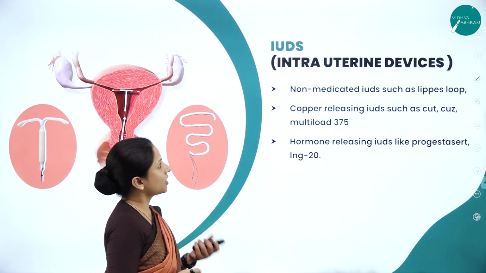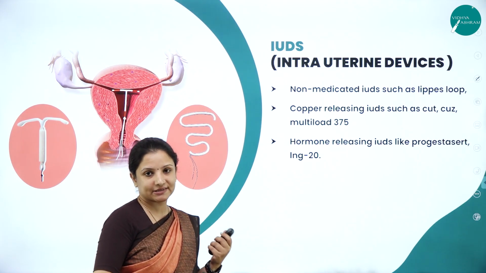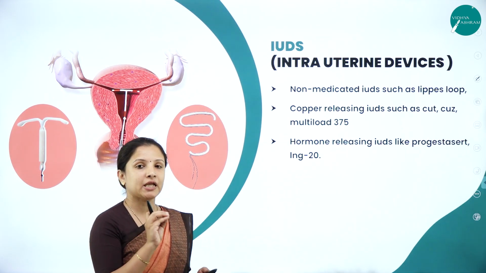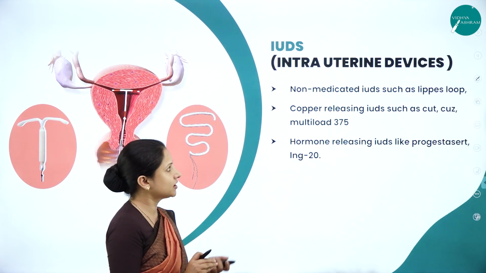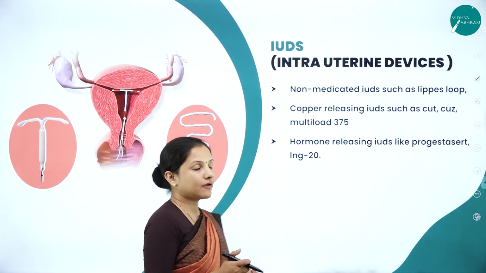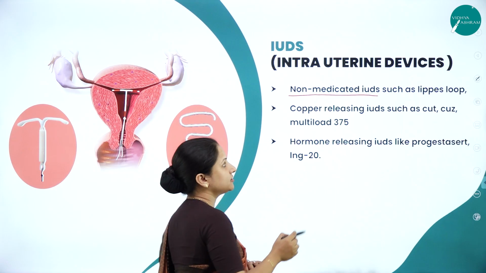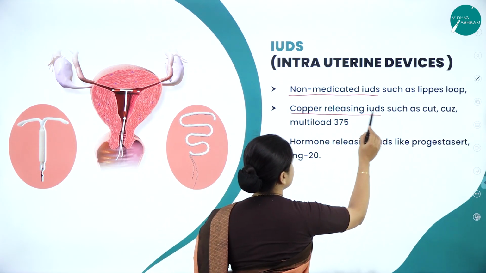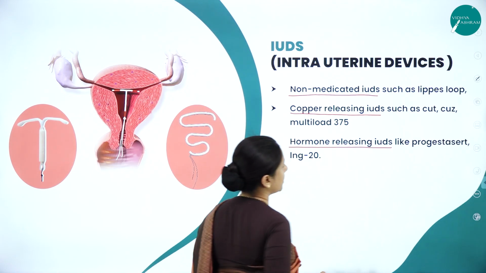Next we'll talk about intrauterine devices. The name itself says intra, meaning within, where it is inserted within the uterus. That is why it's called intrauterine devices. There are 3 types. One is non-medicated intrauterine devices. The other is copper-releasing intrauterine devices. And the other is hormone-releasing intrauterine devices.